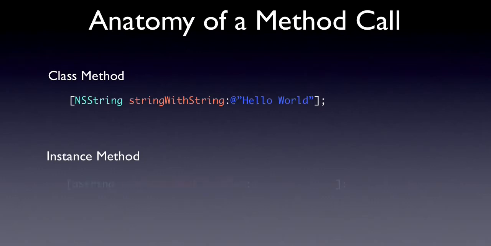And we have instance methods, which are called by sending a message to the instance of an object, an individual object itself, not the class that defines it. In this case we're sending the is equal to string method to the string a string, which will see if a string is equal to the string I like pie.